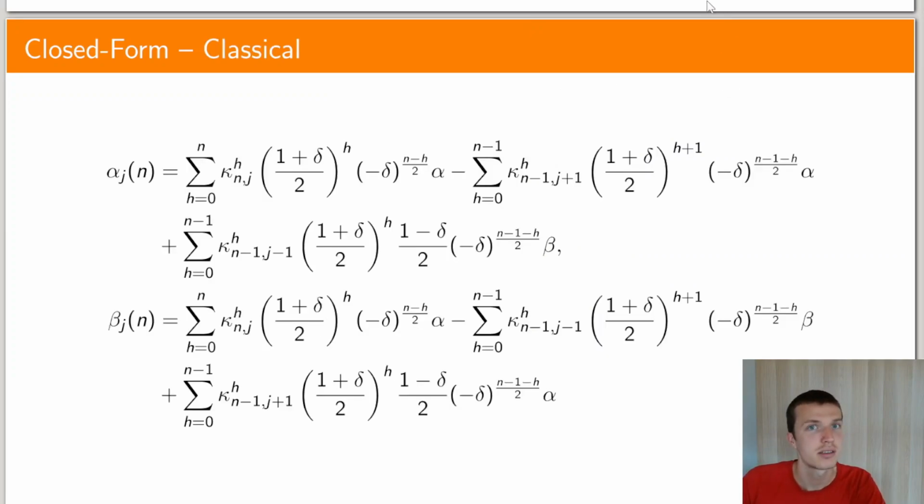Also for classical random walks we can do the same analysis using a Fourier transform, and we get a little bit shorter expression which gives you the probability distribution at any time.